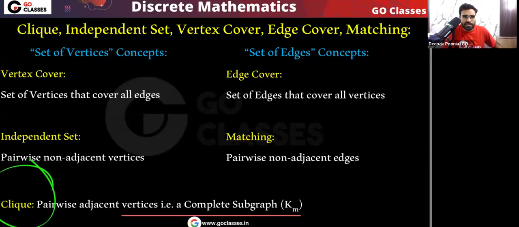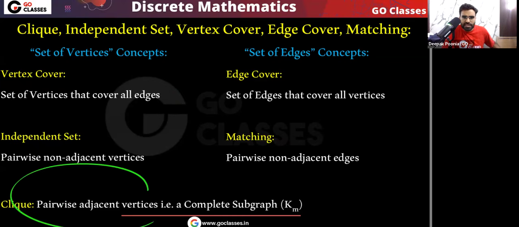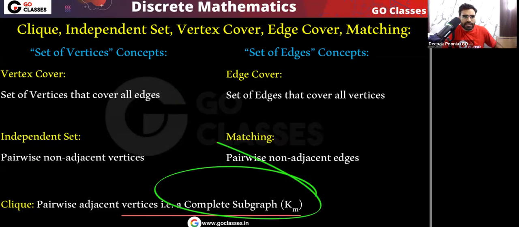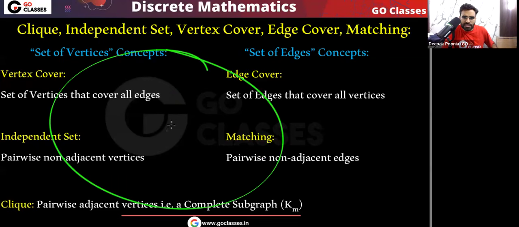Means this clique is basically a complete subgraph Km, because in a complete graph Kn, every two vertices are adjacent. So if you have a graph G, in this graph G, a clique is basically a set of pairwise adjacent vertices, or I can say this is a complete subgraph.